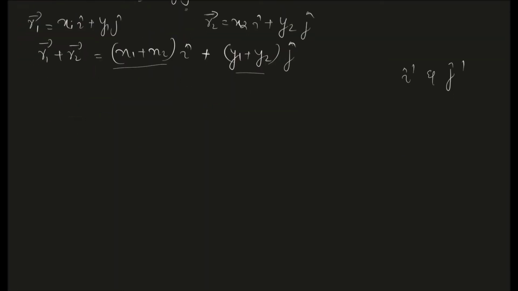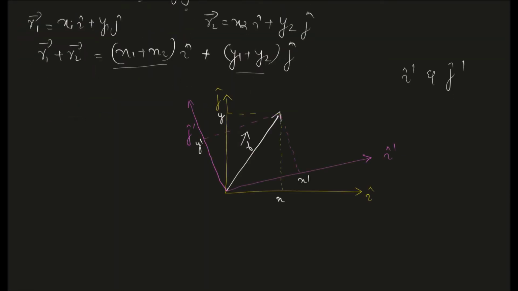Let me draw. I have drawn two sets of coordinates. One is with respect to i and j, shown in yellow, and another is the primed coordinate system, shown in pink, which is i prime and j prime.